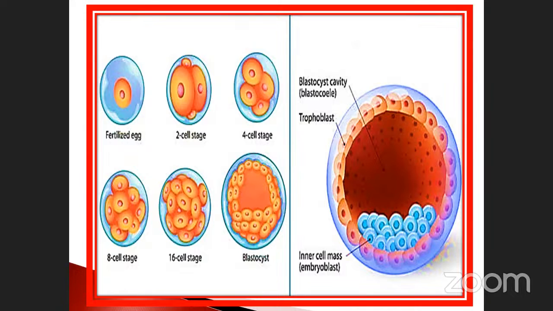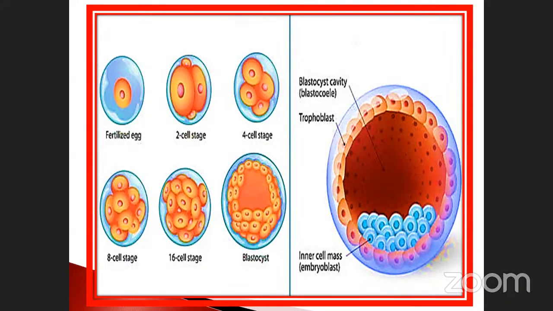This is the structure of the blastocyst. See, this is the trophoblast structure. This is the outermost layer. It covers the inner part. In the blastocyst, there is a gap in the center, called the blastocyst cavity. The blastocyst cavity is also filled with fluid, called the blastocoel.